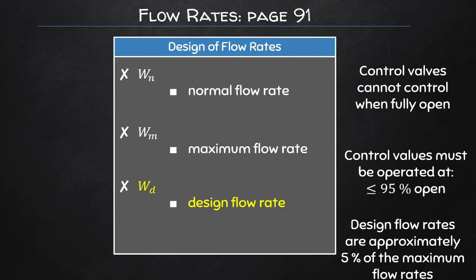So therefore the design flow rate is chosen in such a way that the control valve will not be in the fully open position at normal operating flow rate, so that it can still control even when you have reached your normal flow rate for the process at 100% capacity. Usually the design flow rates are about 5% larger than the normal flow rate to ensure that the control valve is not in the fully open position and still can achieve the control that is required.